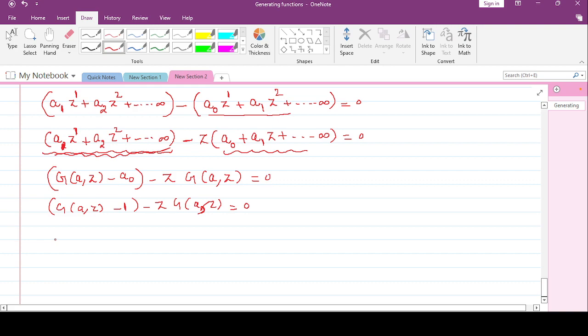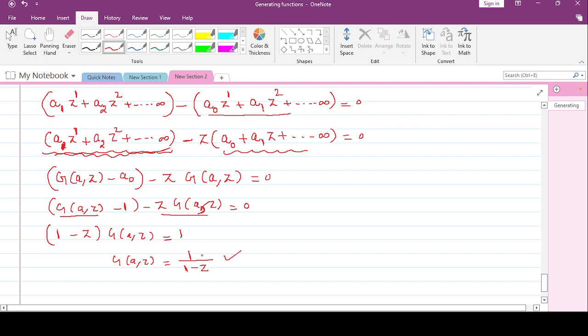This term contains G(z) with coefficient 1, and this term is minus z into G(z). Taking the minus sign to the other side, it becomes plus 1. So G(z) equals 1 by 1 minus z. This is the generating function.